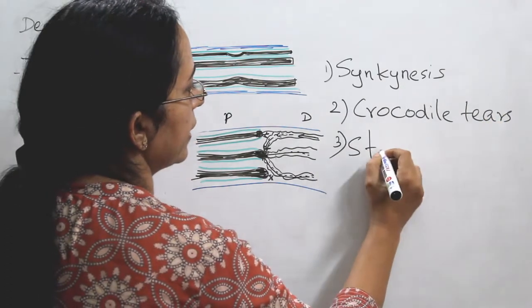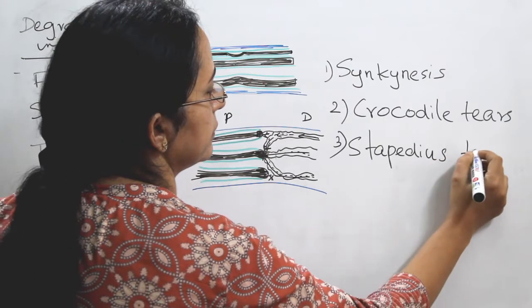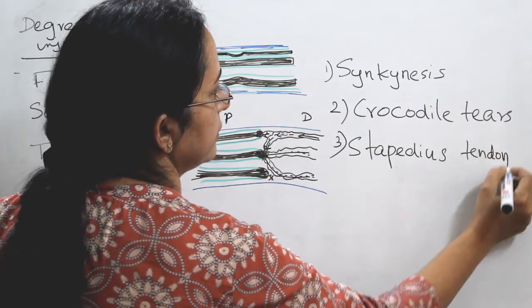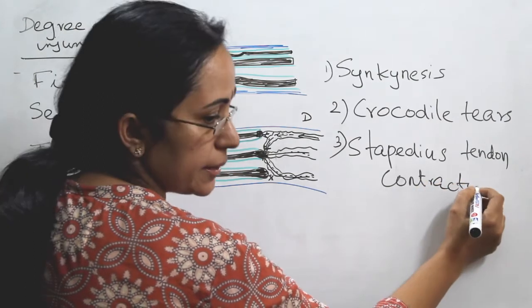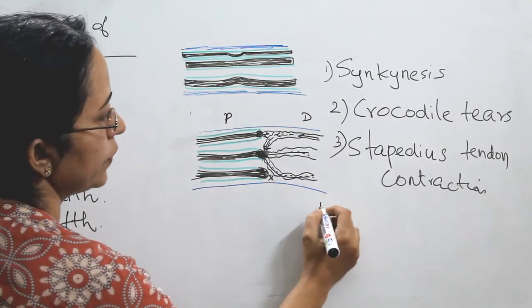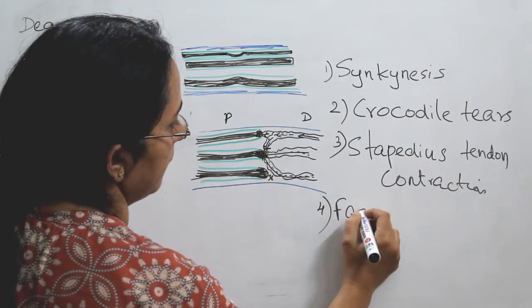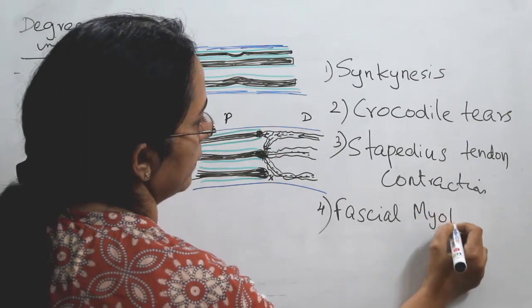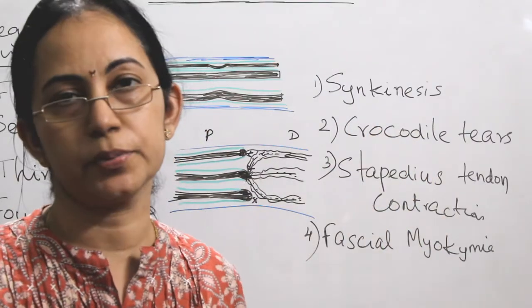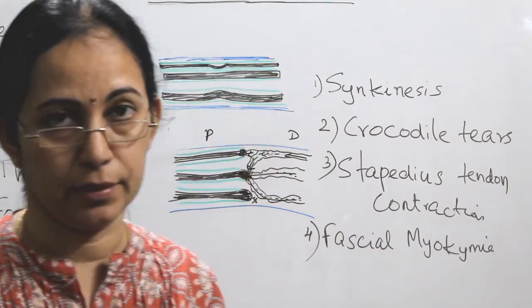Another is stapedius tendon contraction. And the fourth one is facial myokymia. These are the 4 types of altered function of the facial nerve after regeneration.